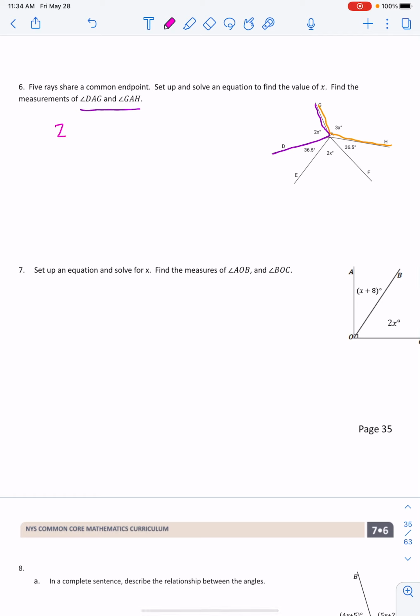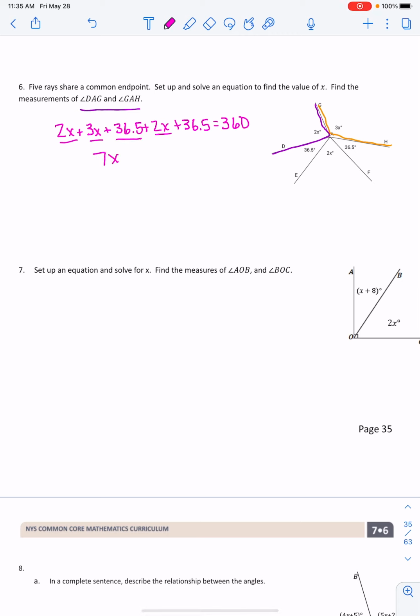So we have 2x plus 3x plus 36.5 plus 2x plus 36.5, and all of that equals 360. Well, when I put all of these together, I have all of my x's here. So I have 7x.